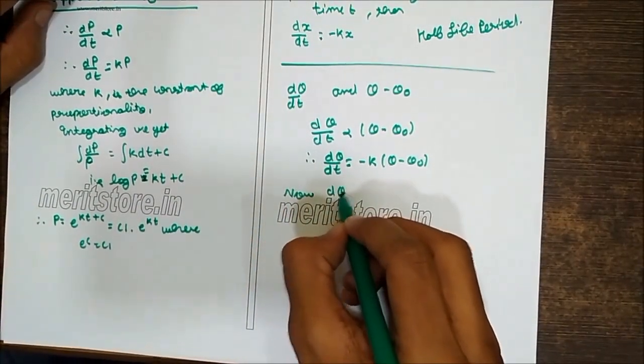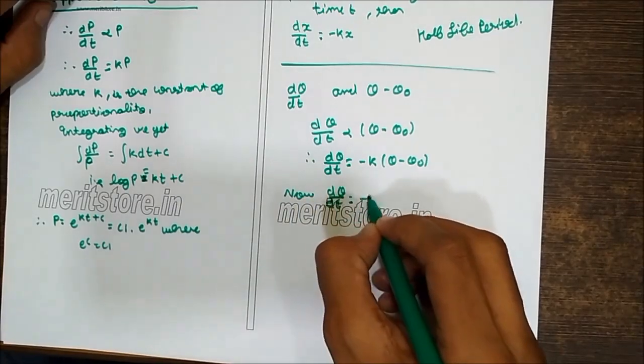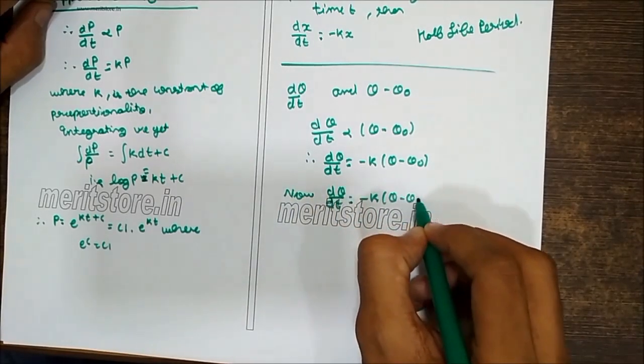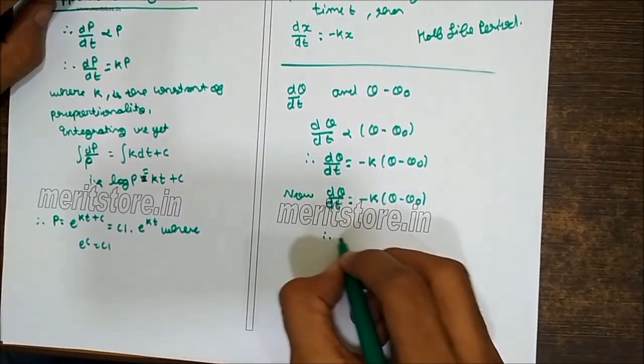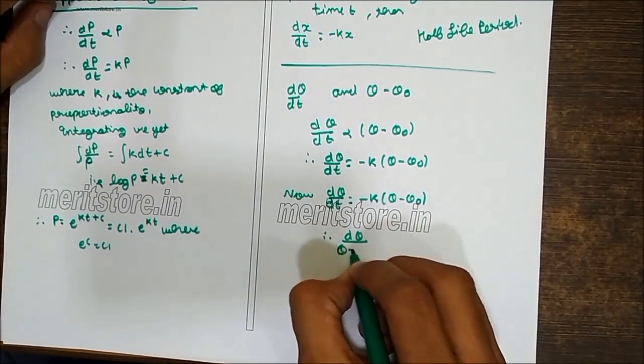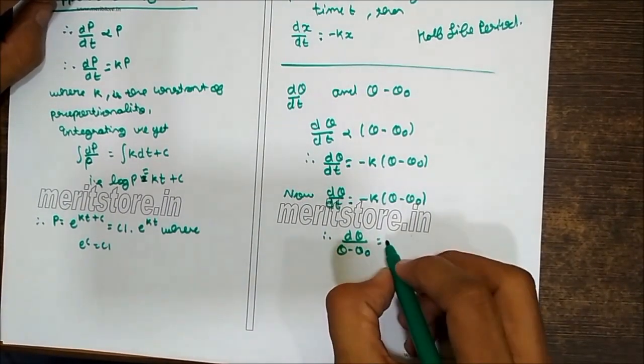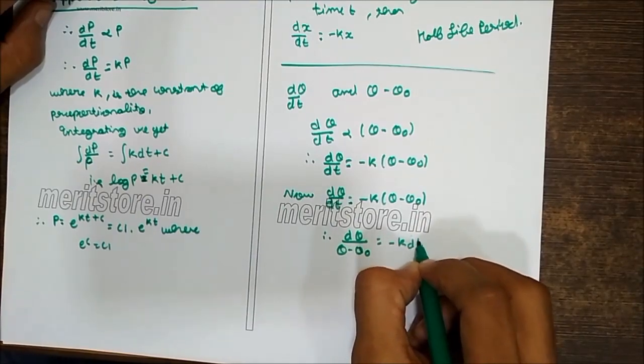Now d theta upon dt is equal to minus k (theta minus theta 0). Therefore d theta upon (theta minus theta 0) is equal to minus k dt.